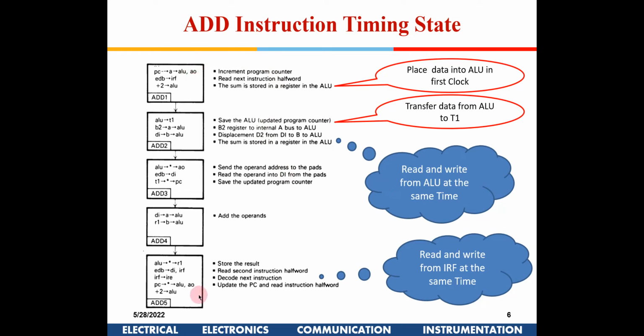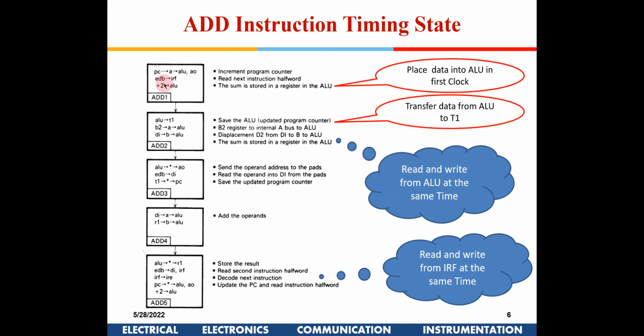Now if I expand again, let's analyze timing-wise how the data is getting transferred from register to register. So I have written this level 2 flow chart once again, and let's analyze what is happening. Initially I am putting PC to ALU and AO.